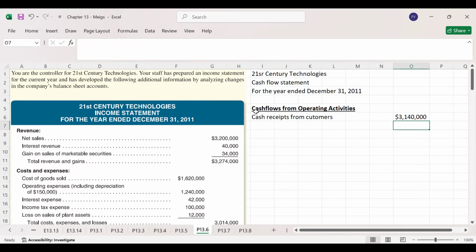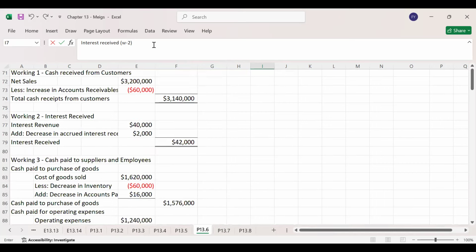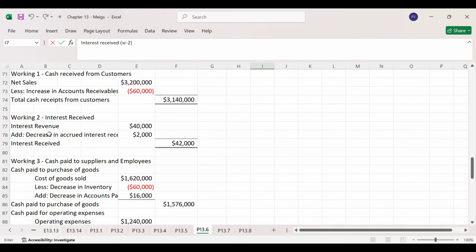Then we have interest received. So interest received, you can see working two. The interest received total here in working two, you can see, is $42,000.